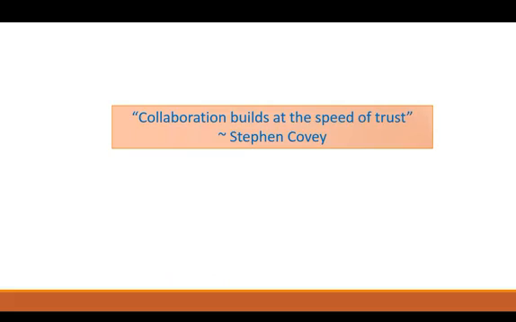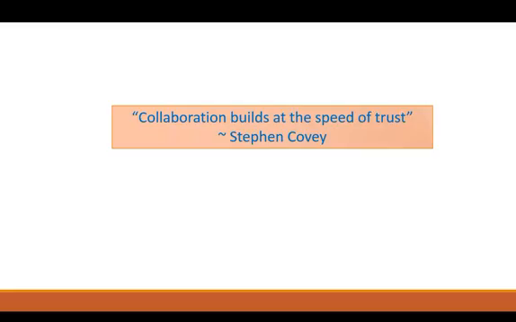A theme that you will hear as we go through the content of today's session is the notion of trust. And Stephen Covey, a notable author, I'm sure many have heard of him, I love this quote. It says, "Collaboration builds at the speed of trust."